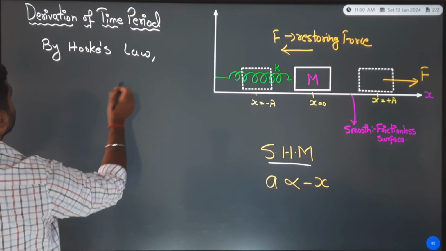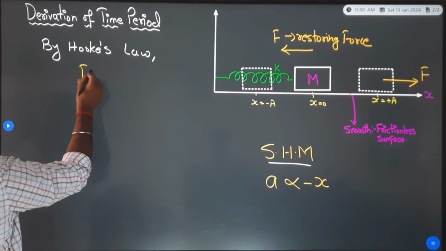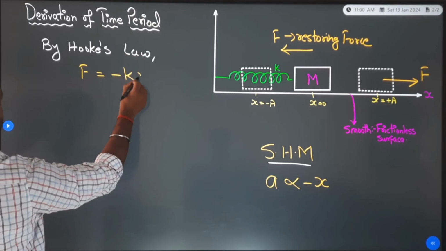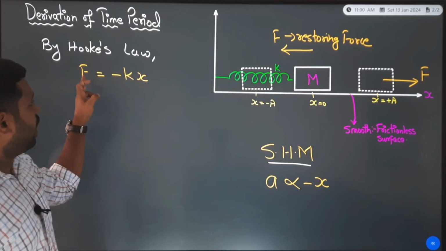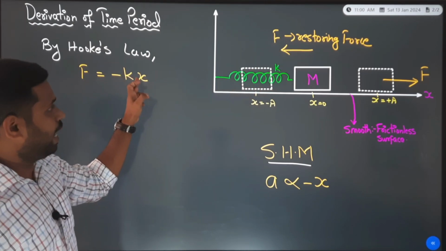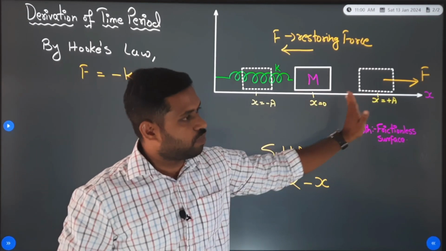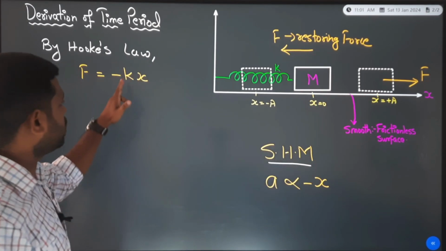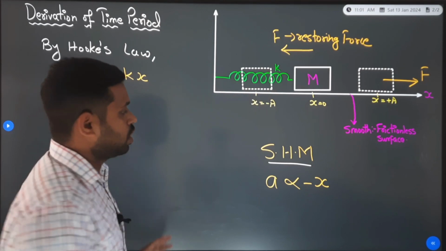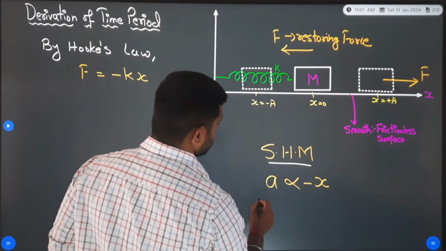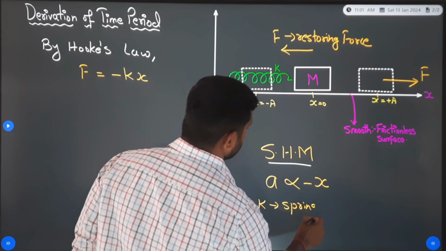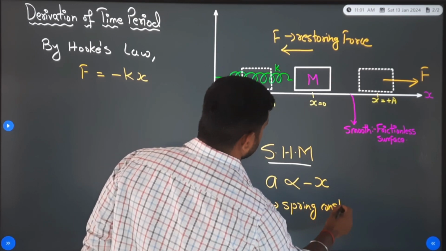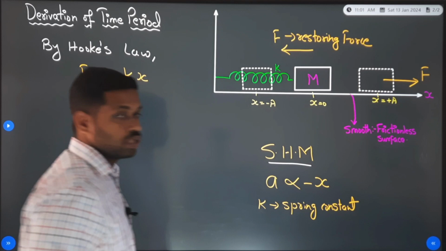That restoring force is F is equal to minus kx, where x again is the same displacement from the mean position or equilibrium position, and k is the spring constant.